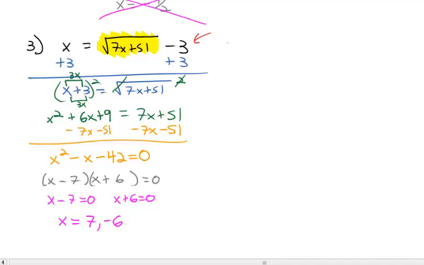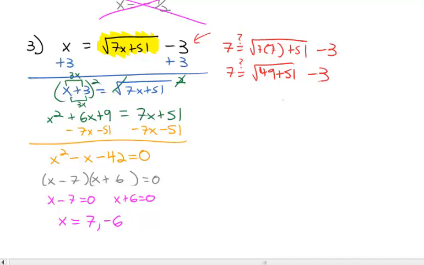So first checking the 7. 7 hopefully equals the square root of 7 times 7 plus 51 minus 3. So we're still hoping the square root of 7 times 7 is 49 plus 51 minus 3.